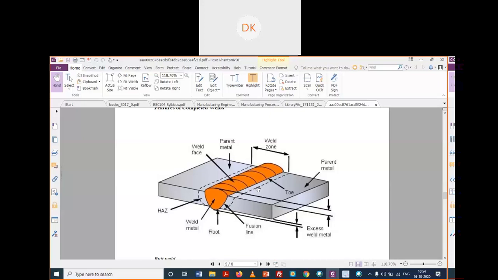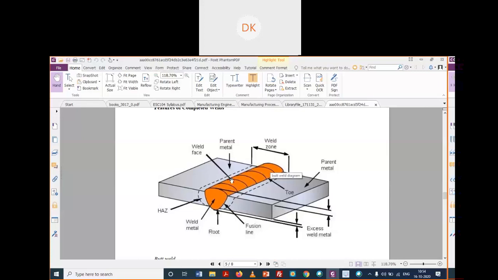Either you do that joining by pressure or by melting the metal. Depending on that we will have different classifications. Are you getting it? So we have to put heat to join this base material. This is one part of the base material, and this has fallen apart, and we have to join that material.